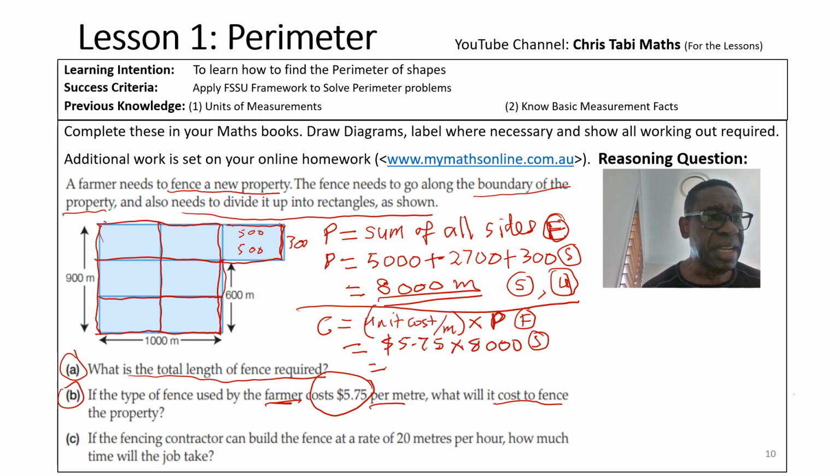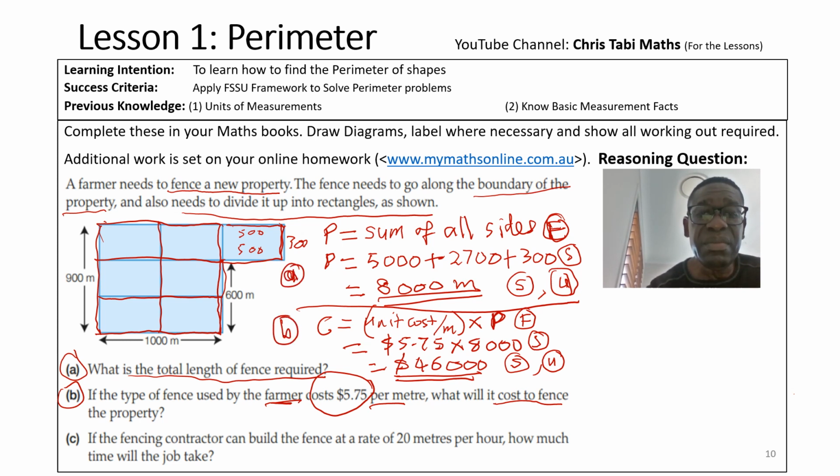And if you did that, you'll end up with 46,000. Now, the 46,000 is your simplified, because we grab a calculator to do that, and the dollar sign, that's our unit, because we have the dollar sign there. So that was A, and that's B.